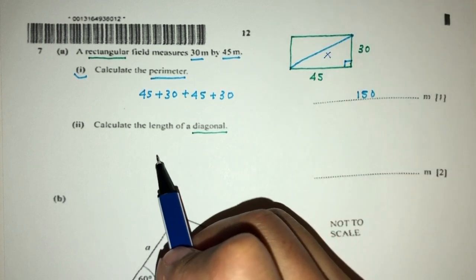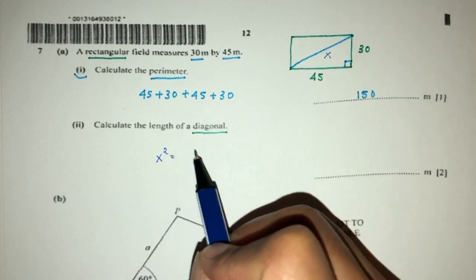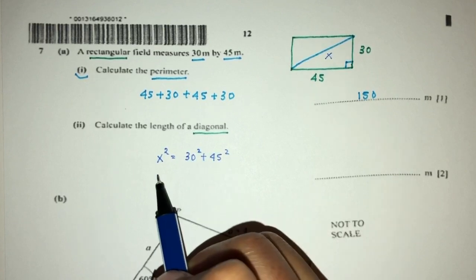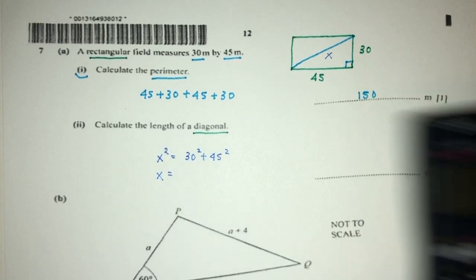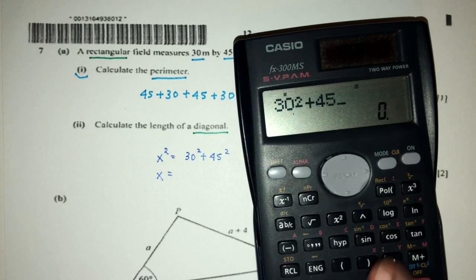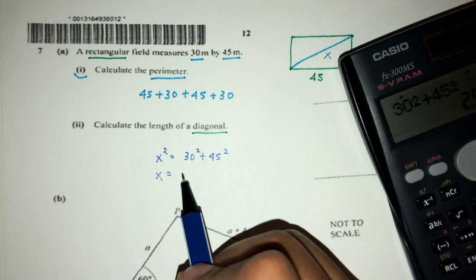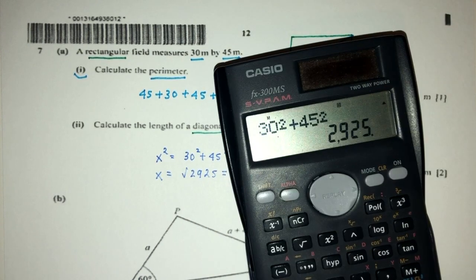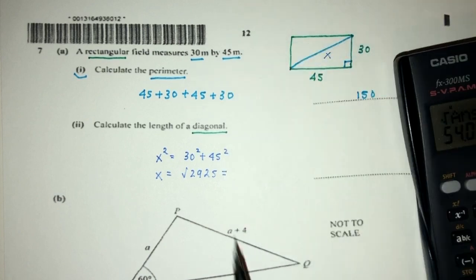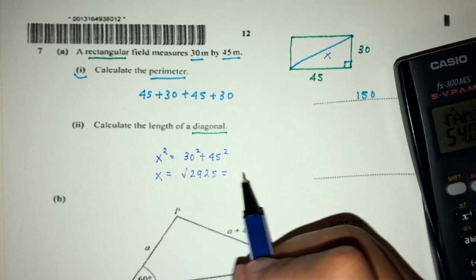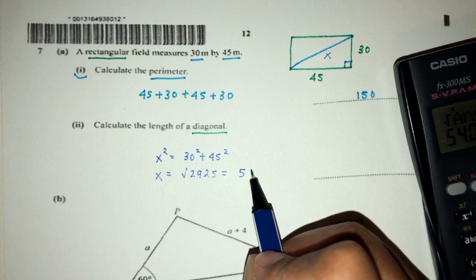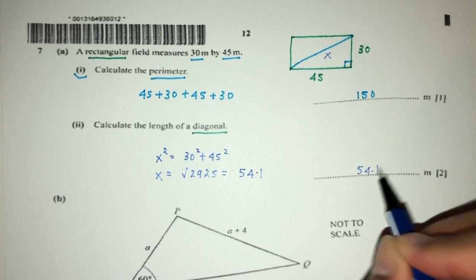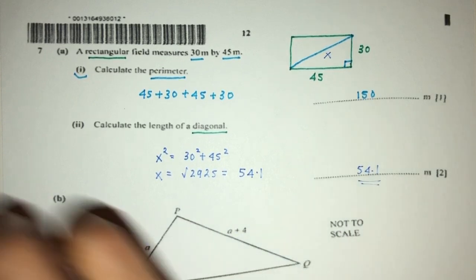So we have x squared is equal to 30 squared plus 45 squared, which means x is the root of 2925. Let's find the exact value. This is the exact value, and we can always find the decimal. That should be 54.1 for the value correct to 3SF. You can write this or this as your value.